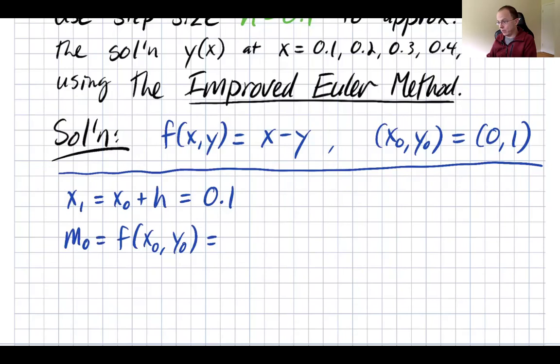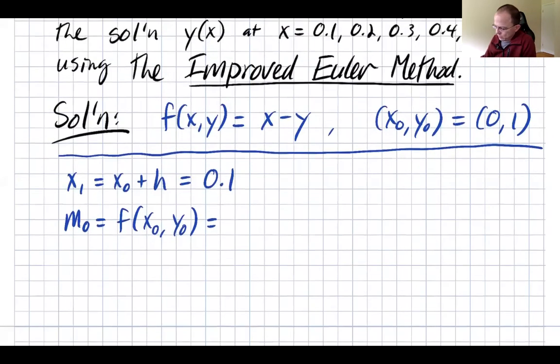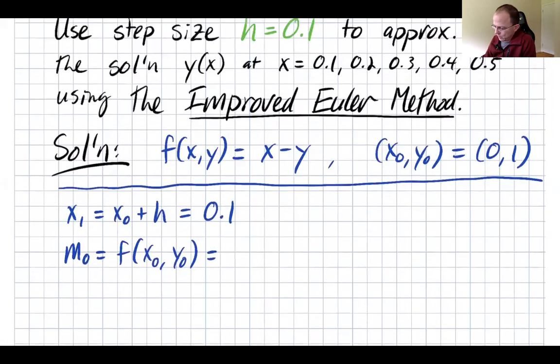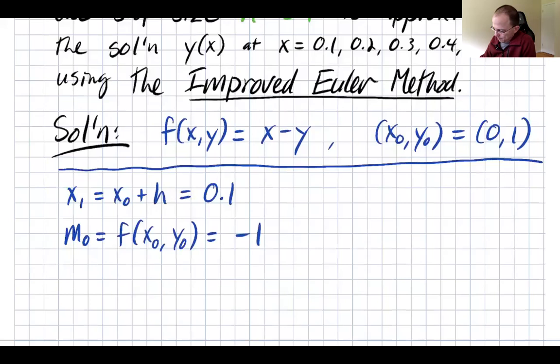So f of x, y is x minus y, and x comma y is equal to 0 comma 1. Okay, and now I want to compute, so this is quite easy. This is just going to be 0 minus 1, and that will be equal to negative 1.